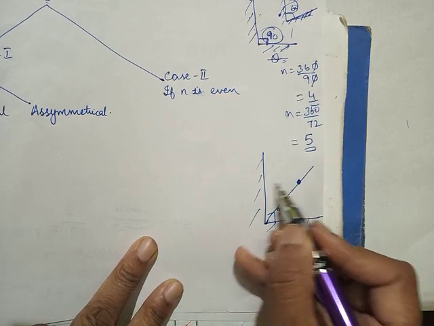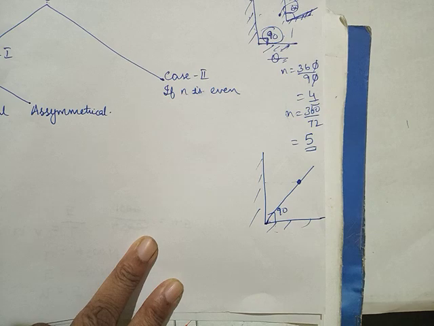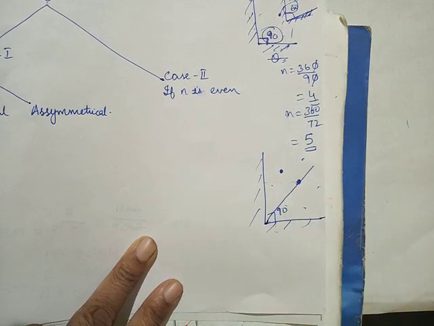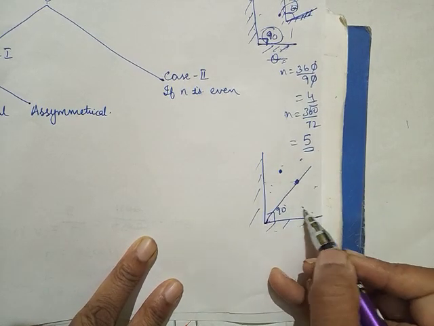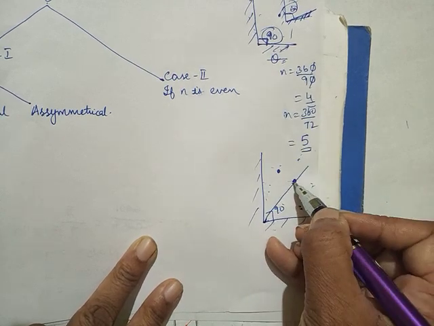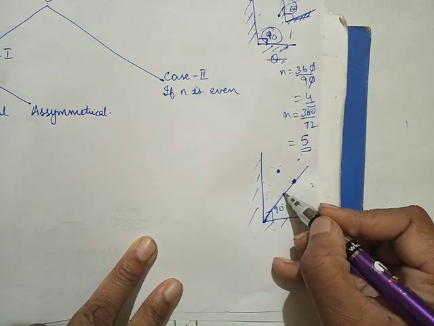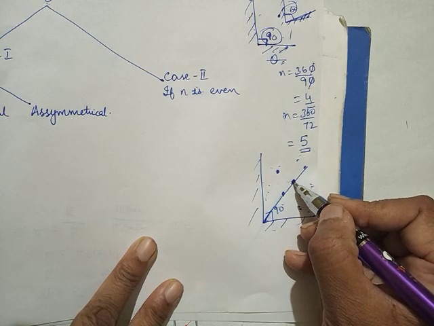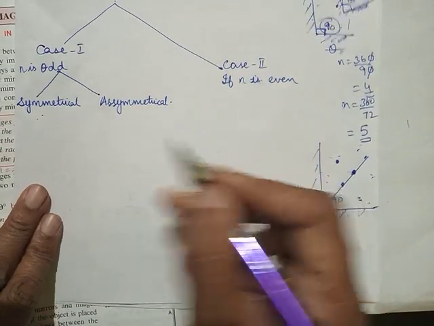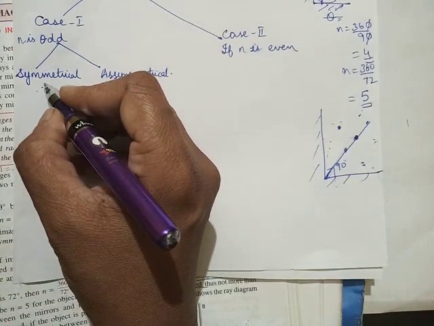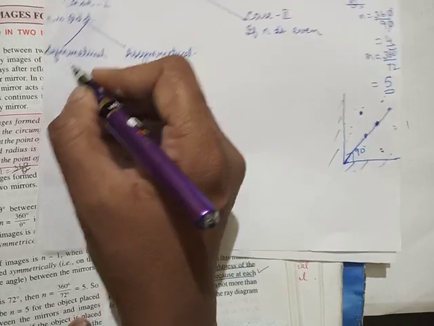It's at equal perpendicular distance from both mirrors. But if I have the object anywhere else, here, here, here, then it's called asymmetrical. If it is exactly on the bisector line, anywhere on the bisector line, then the object is symmetrical.